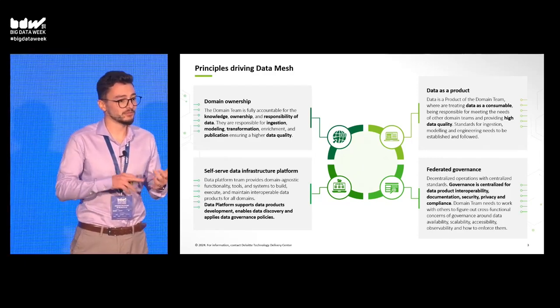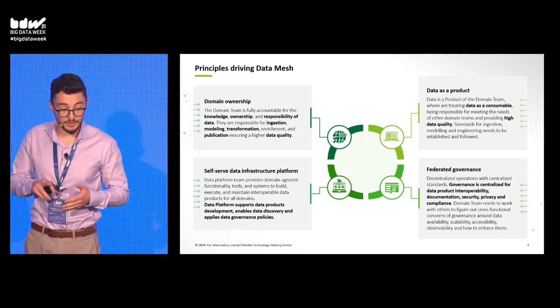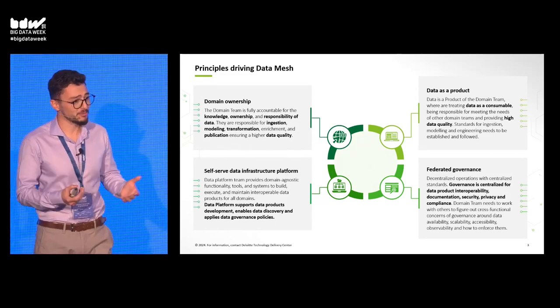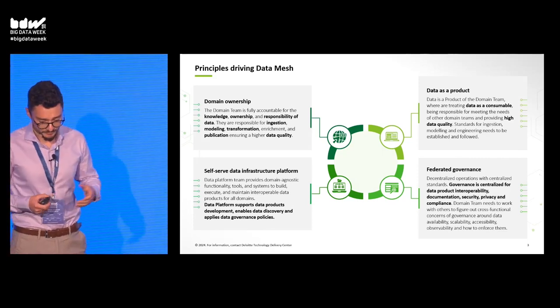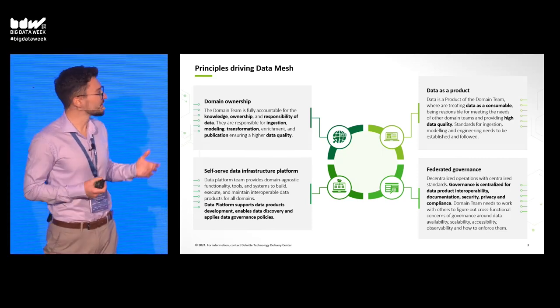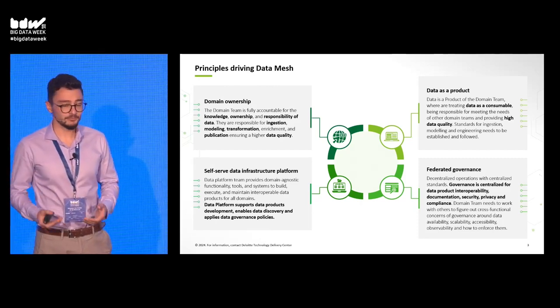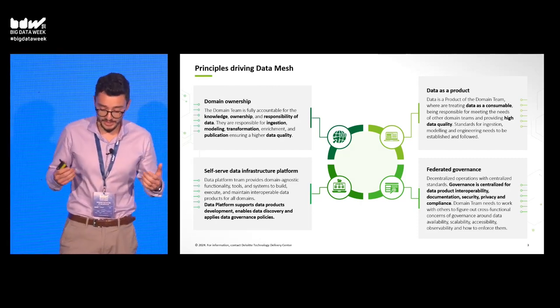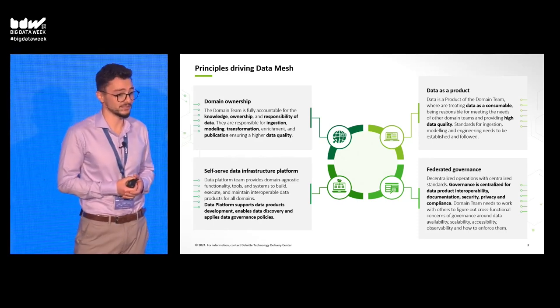Domain teams are responsible for ingesting, for modeling, for transforming, enriching, and publishing the data. A lack of collaboration between these domain teams will result in duplicated data. Also, it's going to be hard to preserve referential integrity and ensure data consistency.